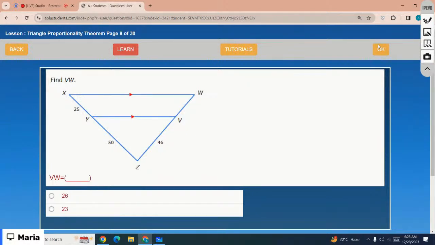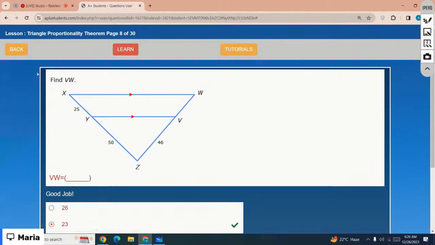Okay, find VW, which is the correct option? Calculate the value. So, the correct option is, yes, it is 23, right?